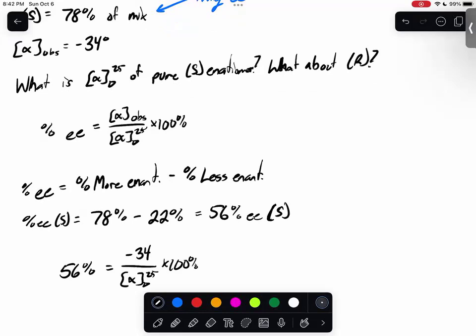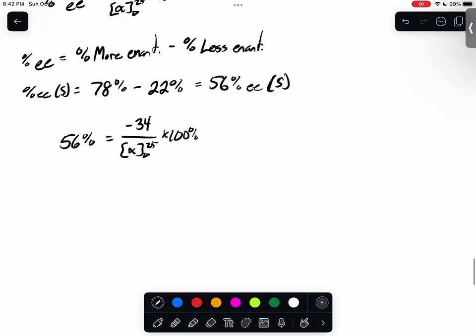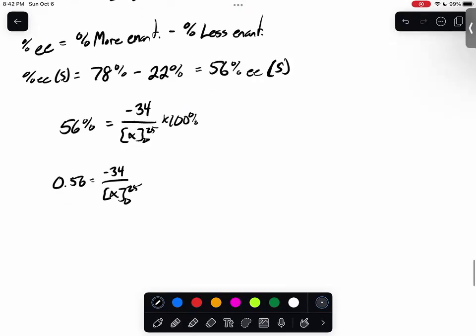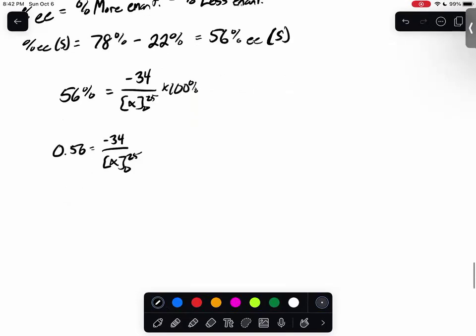So, doing some math, we can divide both sides by 100, right? And we'll end up with 0.56 equals that negative 34 over the specific rotation. And then if you do some algebra, multiply both sides by the specific rotation, divide both sides by 0.56, you will end up in a position where your specific rotation equals negative 34 over 0.56, which tells us that the specific rotation for the S enantiomer, right?